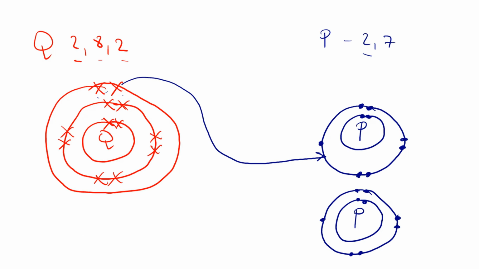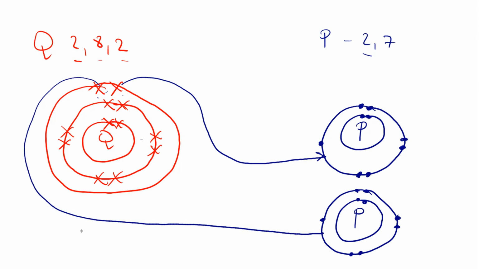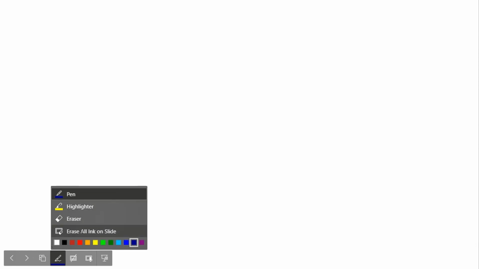The other P. So Q has 2 to donate, and P can only accept 1, so you need 2 P atoms. And then, I'll go back to red so I can be consistent.